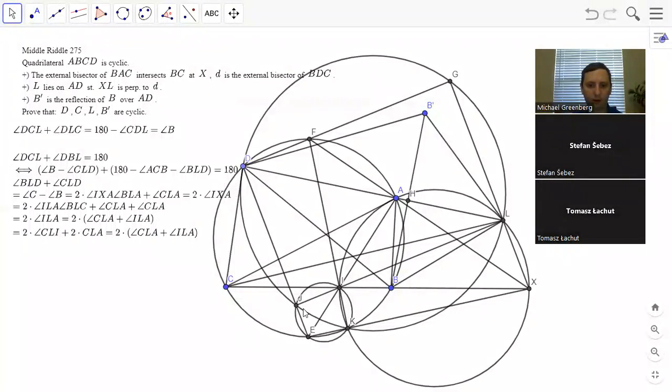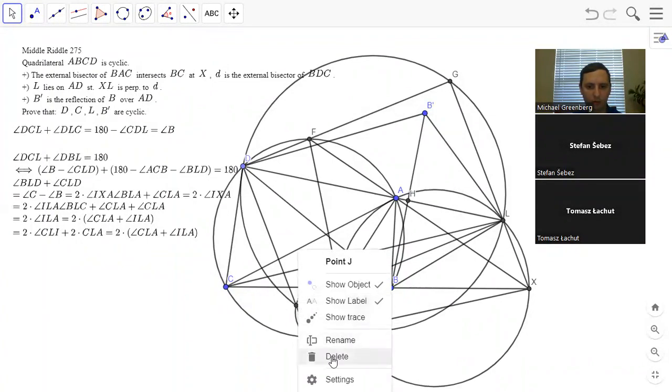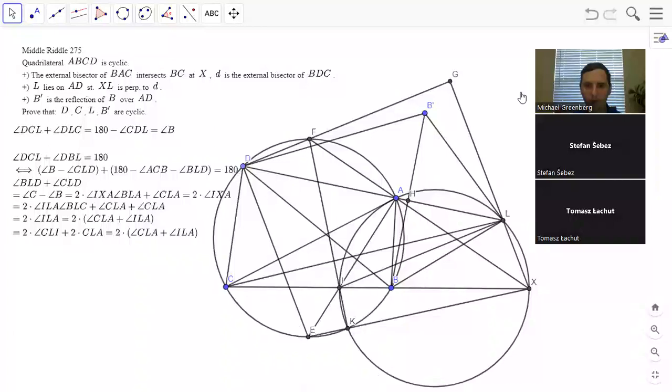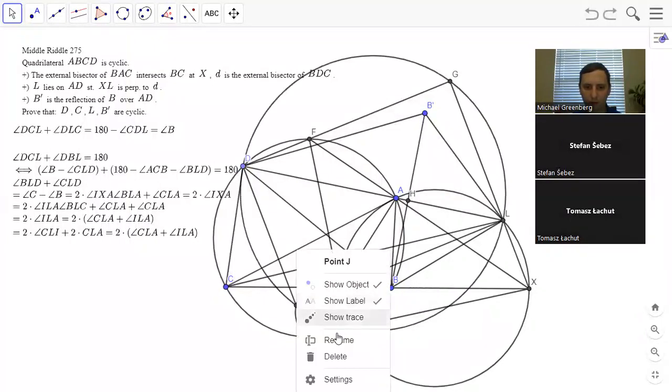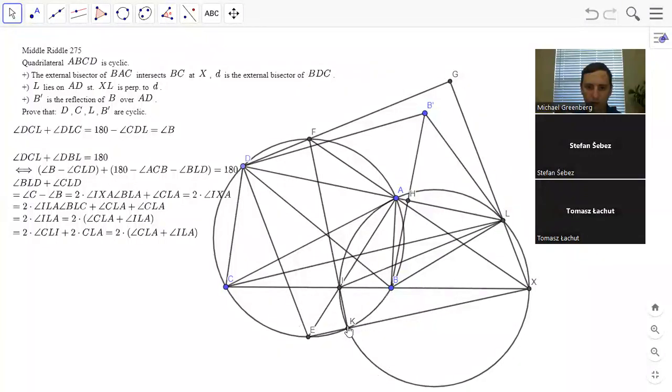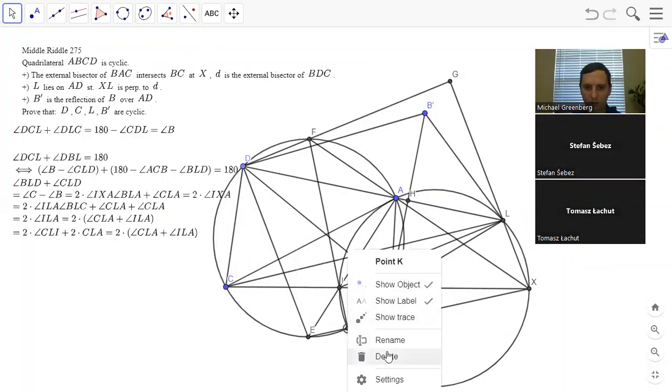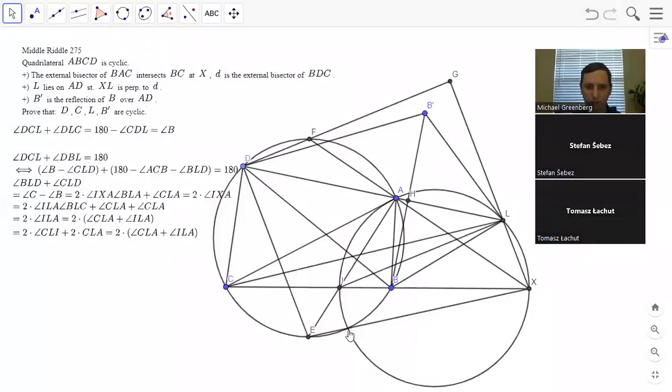I don't need I, J, K. Basically just I is needed there. Delete. Did you use this circle? Yeah, keep it. The Apollonius circle is important.